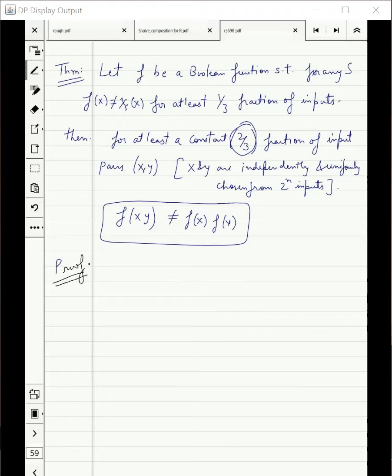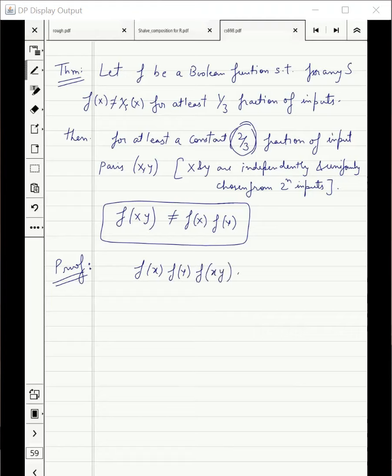Let's go through the proof. We want to figure out what fraction of input pairs has f(x+y) not equal to f(x)f(y). That means I want to relate it with this quantity.